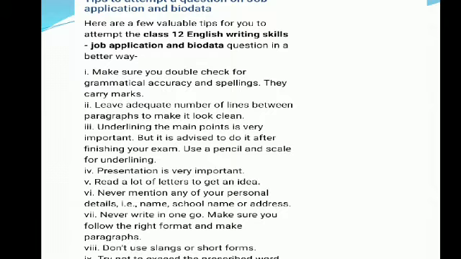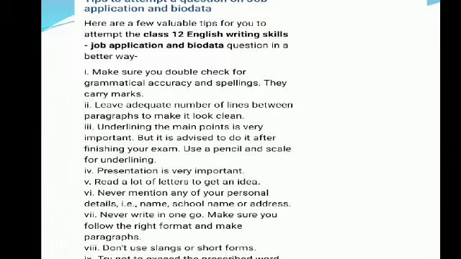Then the presentation of the letter or biodata should be apt, in a presentable manner. So we have to leave a number of lines between the paragraphs, so that it looks clean, very clear, and brings effectiveness to our letter or biodata.